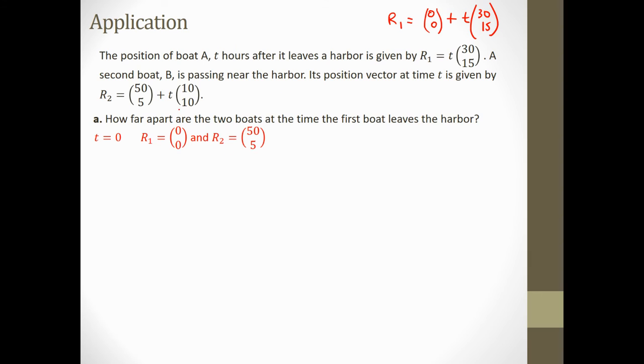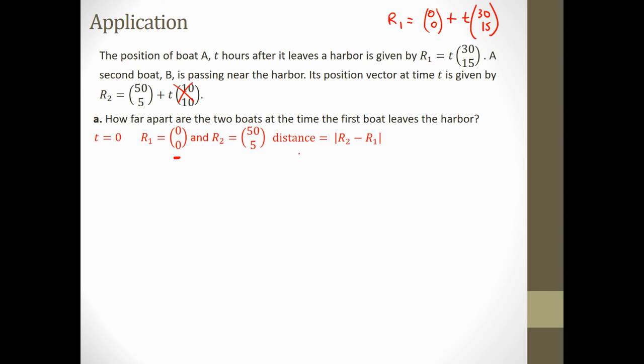So we just plug in 0 for t. R1, it just wipes everything out. But R2, if I plug in 0 for t, it wipes out the direction vector, and we're left with 50 and 5. So then to find the distance, we use the magnitude formula. And really, if this was a value, we would have to subtract first, right?